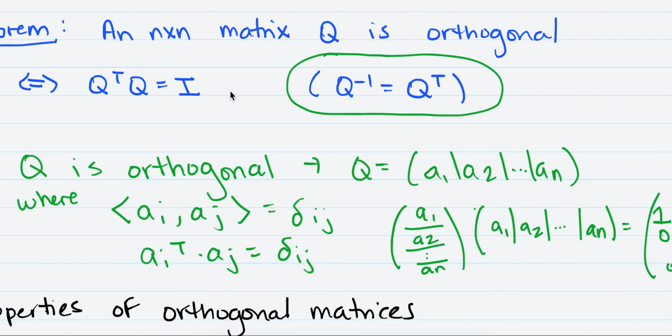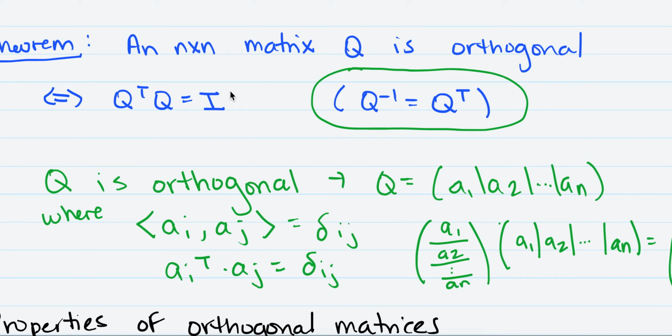So something I could ask on a test, I could actually tell you this: the inverse of Q is its transpose. What can you tell me about the columns in the matrix Q? You say, oh, well, first off, because Q is invertible, they're linearly independent.